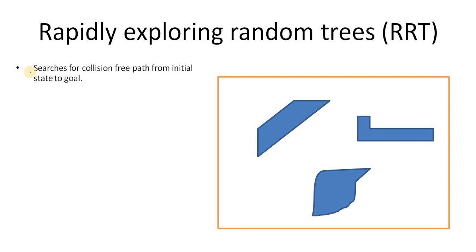So the main goal is to find the shortest path. So why is it called a random tree? Because it makes a tree during connection of the nodes, connection of the samples.